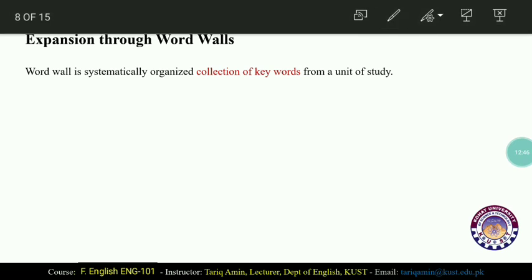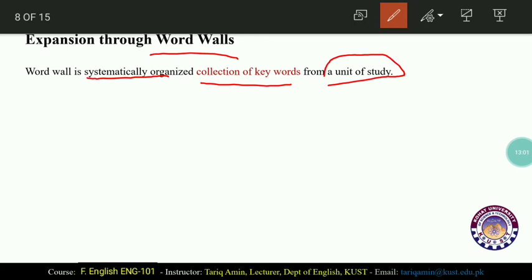Okay, word walls. We can expand our vocabulary with the help of word walls as well. A word wall is a systematically organized collection of keywords from a unit of study. Now, a unit of study can be your chapter, or it can be your book as well. For example, your unit of study is cell.